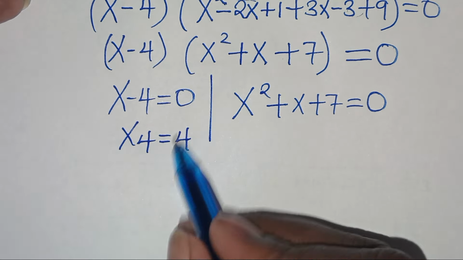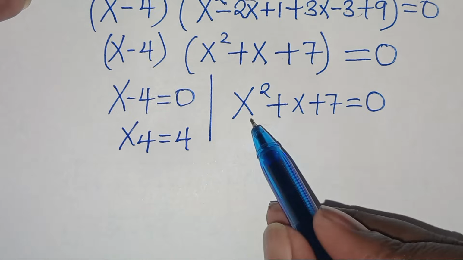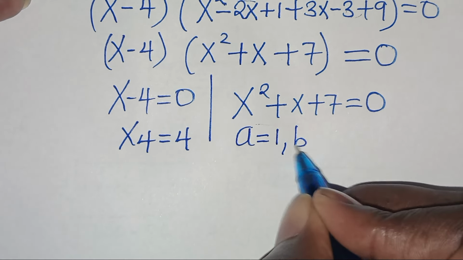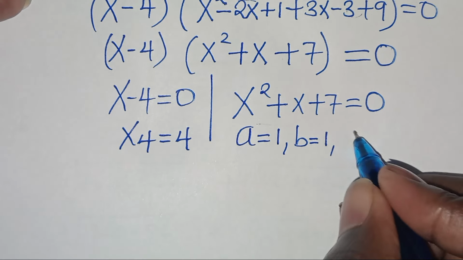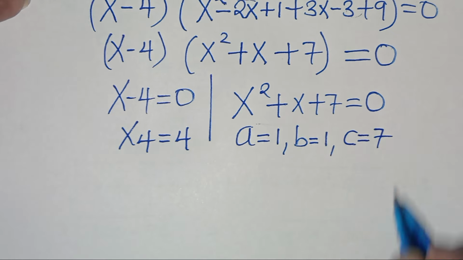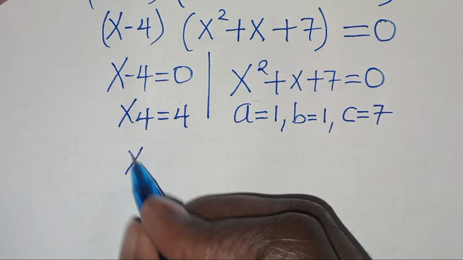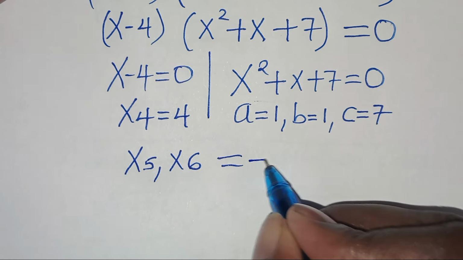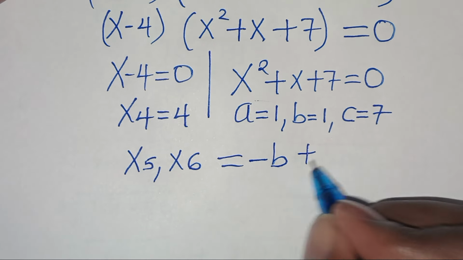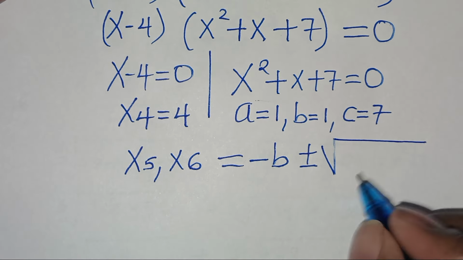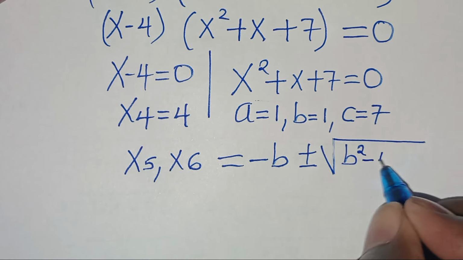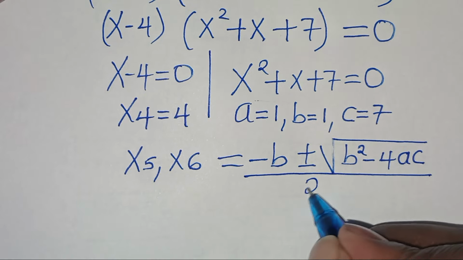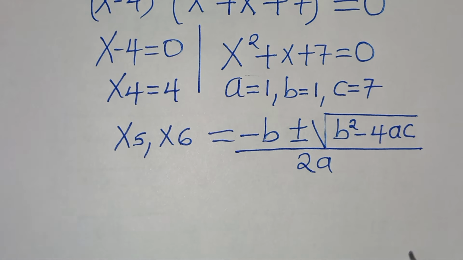This is the second real solution that we have, and this is a quadratic equation, in which a is equal to 1, b is equal to 1, and c is equal to 7. So we can solve for x5, x6 by again applying the quadratic formula, which is minus b plus or minus the square root of b squared minus 4 times a times c, divided by 2 times a.